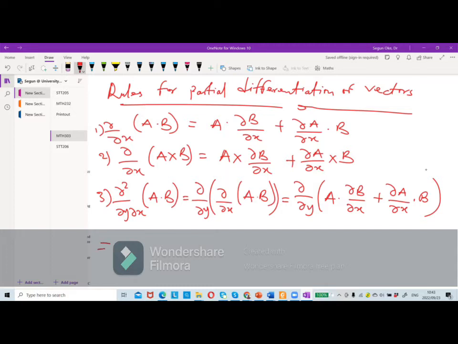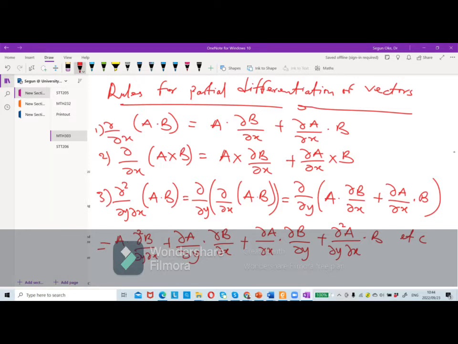It will now turn to A dot d squared B over dy dx plus dA/dy dot dB/dx plus dA/dx dot dB/dy plus d squared A over dy dx dot B, etc. So you can continue from there.